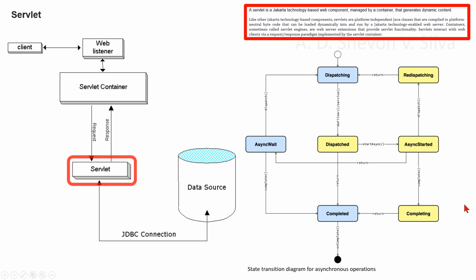This means that the response will traverse in reverse order the same filters or filter chain that were traversed on the way in. The response isn't committed until complete is called on the async context.